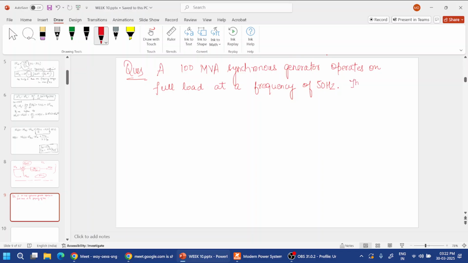The load is suddenly reduced to 50 megawatt due to time lag in the governor system.